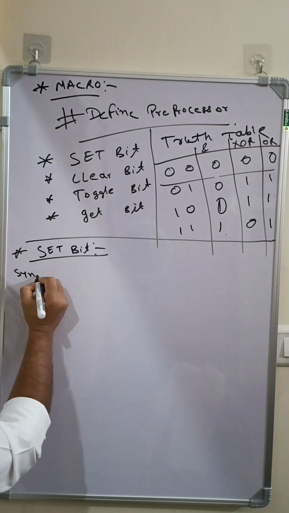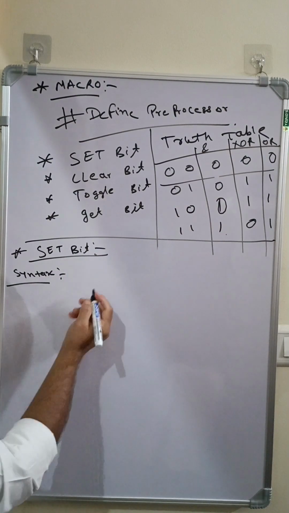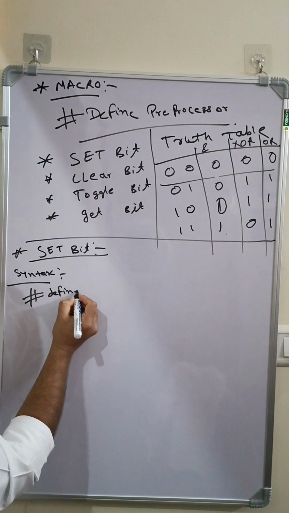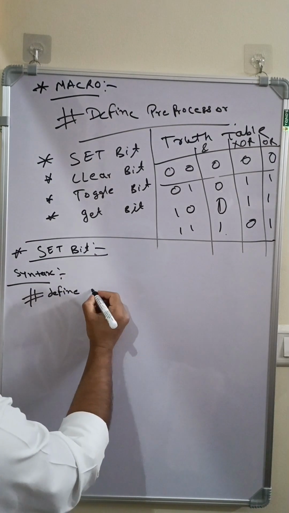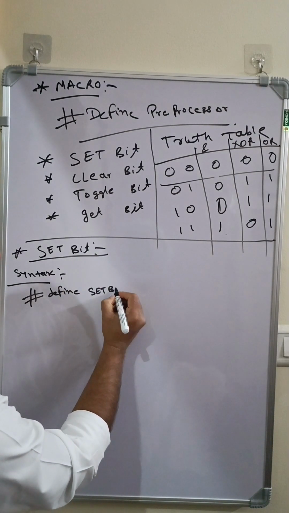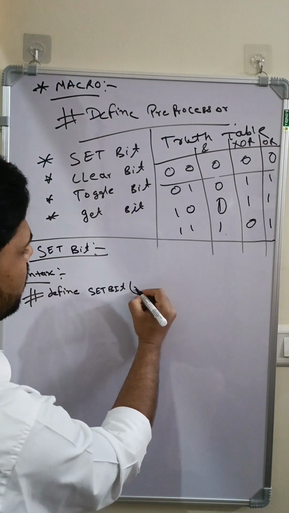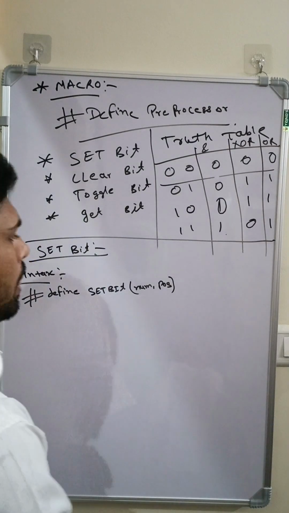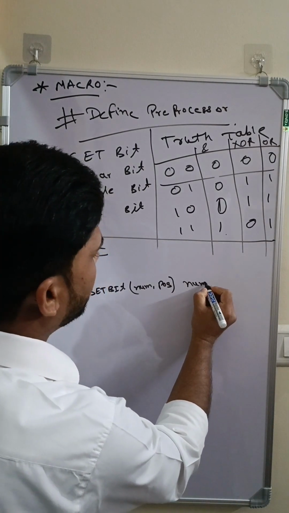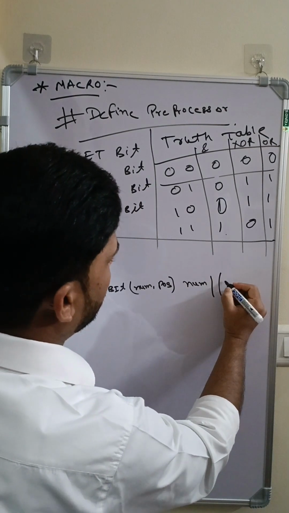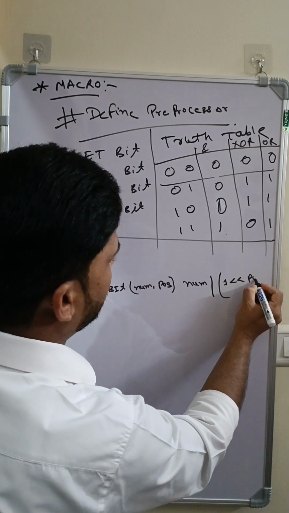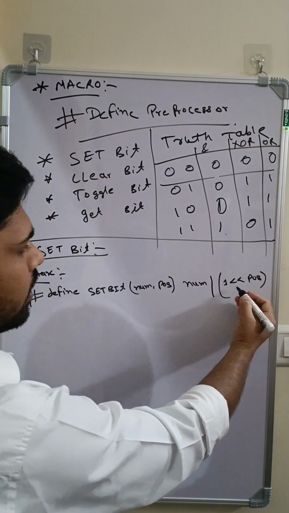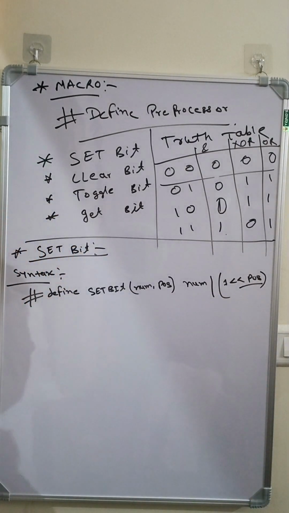So we have to write #define SET_BIT, we will give number and position, comma position. Okay, now number OR 1 shifted by position. It means the first operand is the number, and the position we are giving, like 2 position, 3 position, that we have to mention.